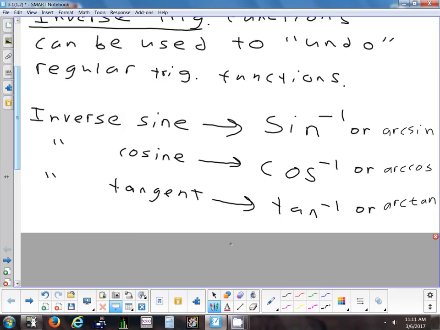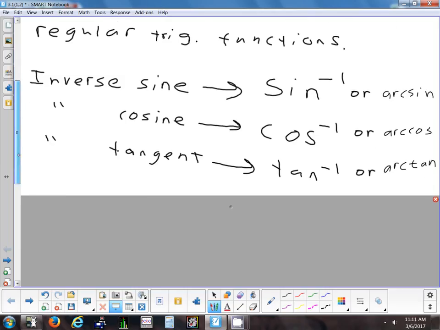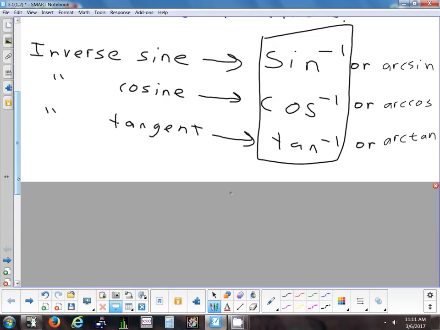And the way you write the inverse tangent function is tangent with a -1. Again, an older way of writing it is arc tangent. I'm going to stick with pretty much using that notation. That's what I use. Any questions on the abbreviations?